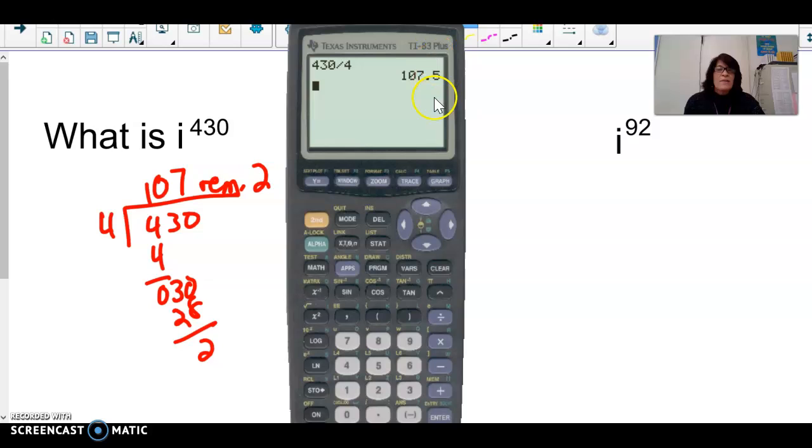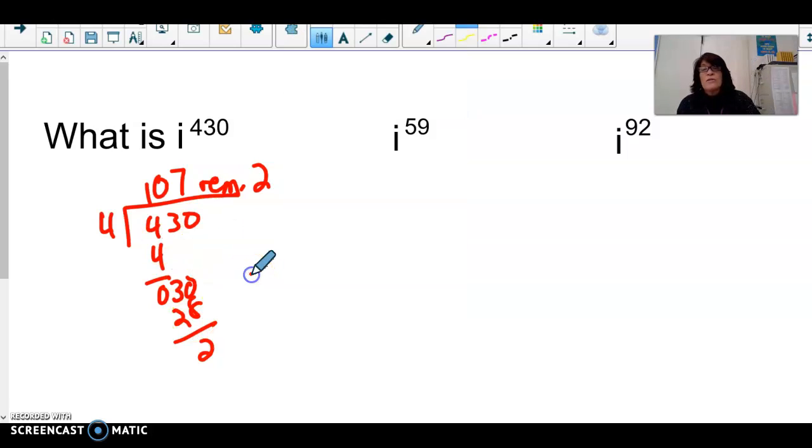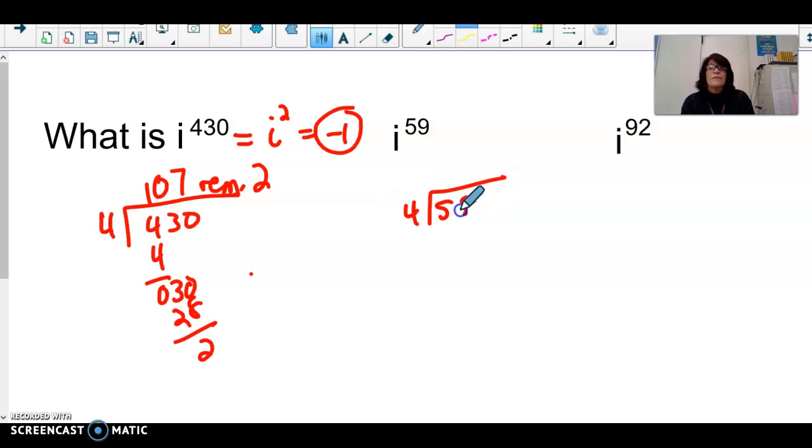So it's 0.5, which is 1/2. Be careful. This at least will give you the 107, and then you have to figure out what's left over. It's a remainder of 2, so i to the 430th is the same as i squared, so this is just negative 1.